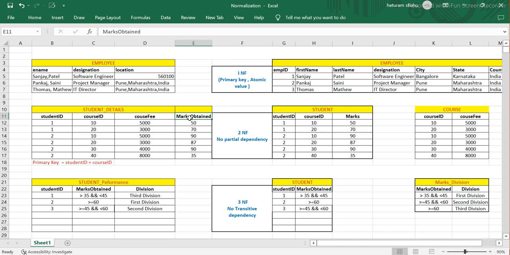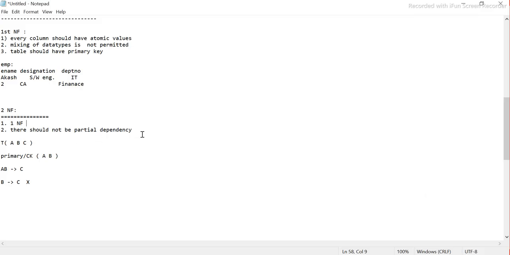Now what does the second normal form say? It says that there should not be any partial dependency. Partial dependency means no non-prime attribute should depend on part of the primary key.